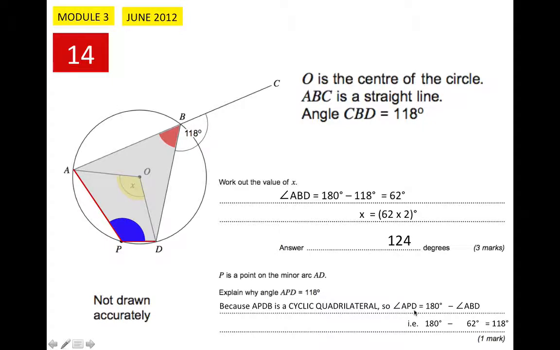So APD, that's the blue angle, equals 180 minus ABD, that's the red angle. I.e., in other words, 180 minus 62, which is 118.